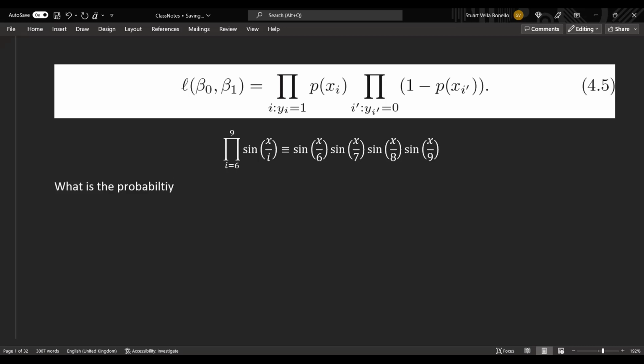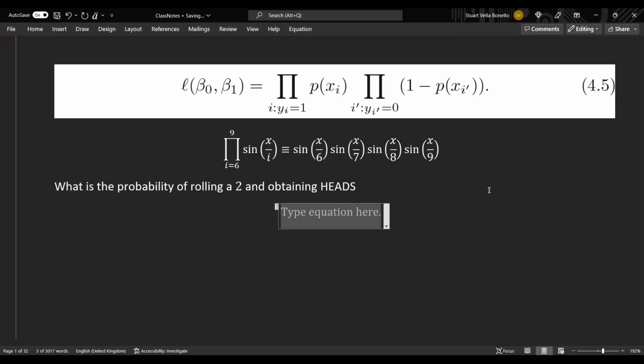Probability, however you spell probability, what's the probability of rolling a 2 and obtaining heads? Well, they're independent of each other.